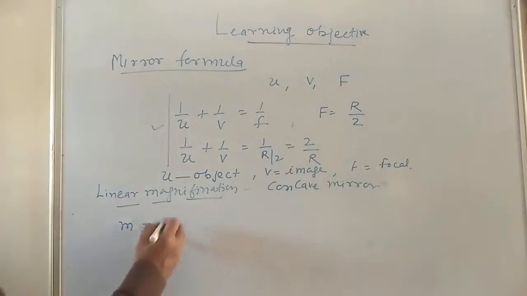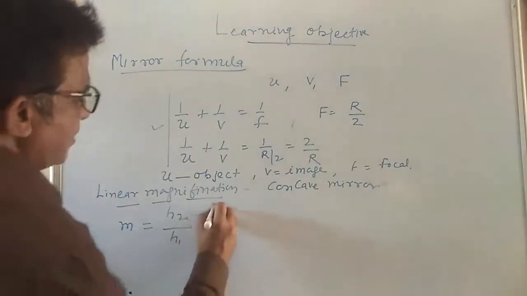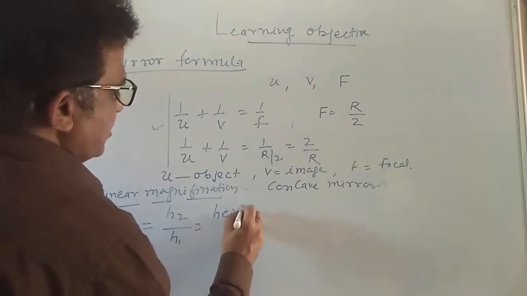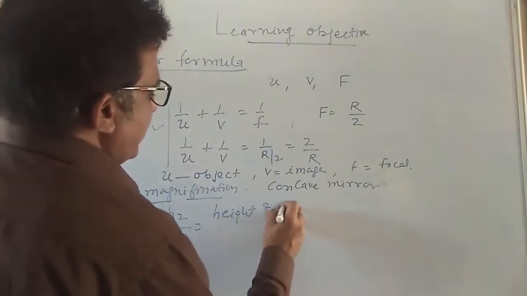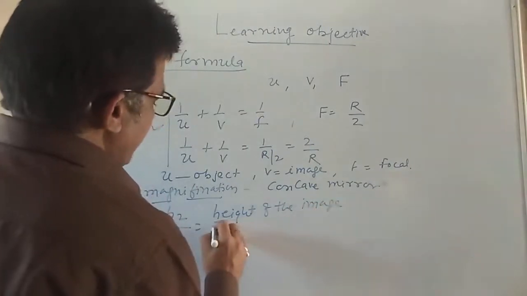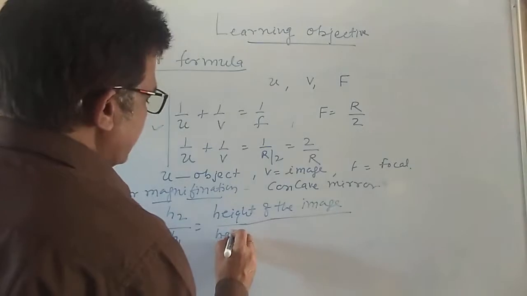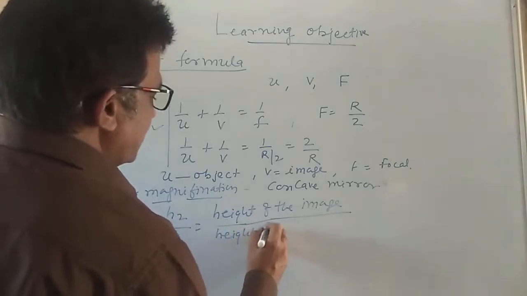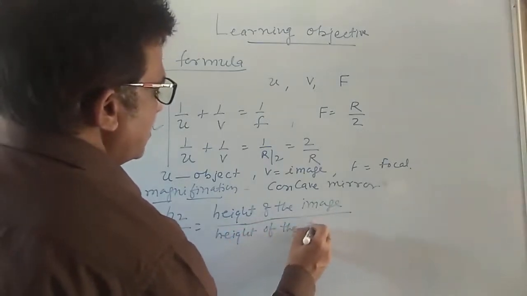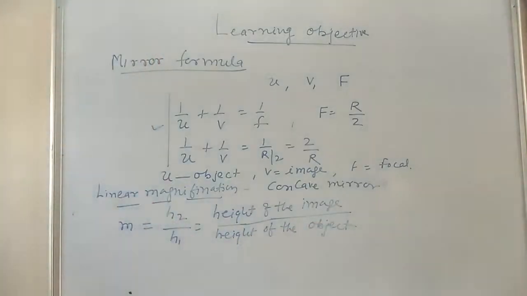Height of the object is h2. Height of the image is h1. Here it is the height of the image and the height of the object.